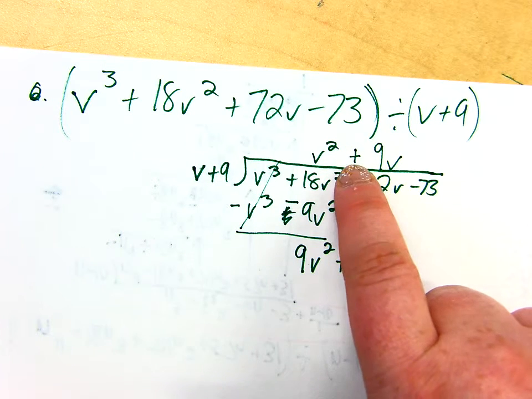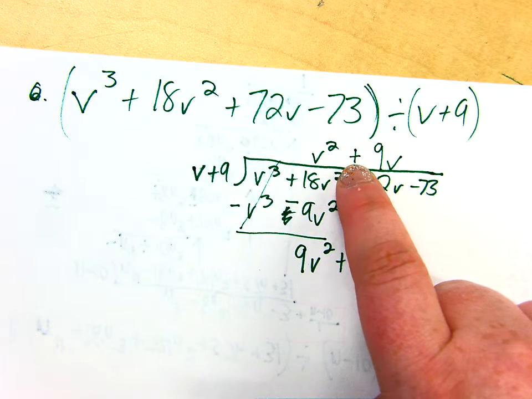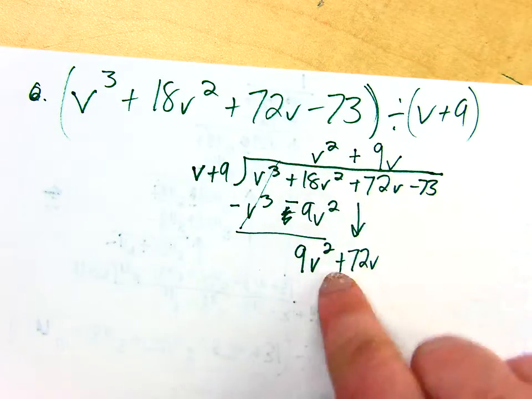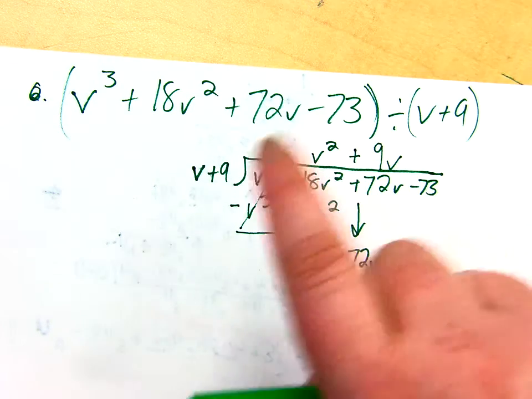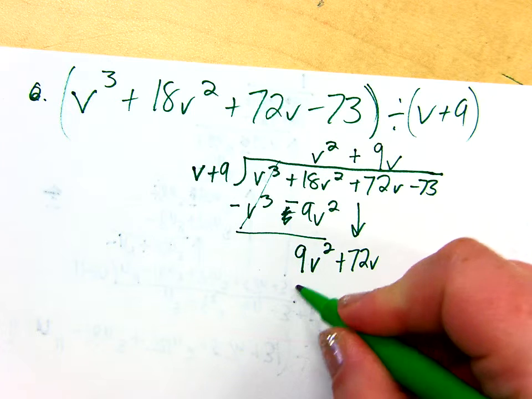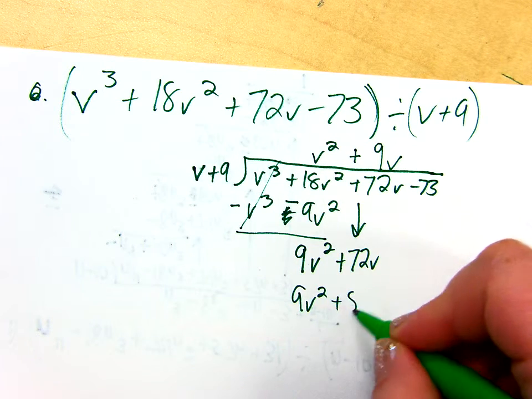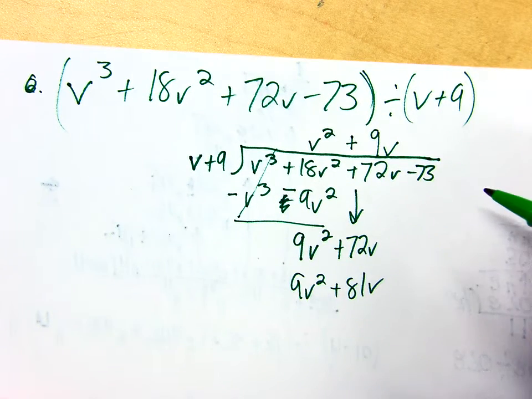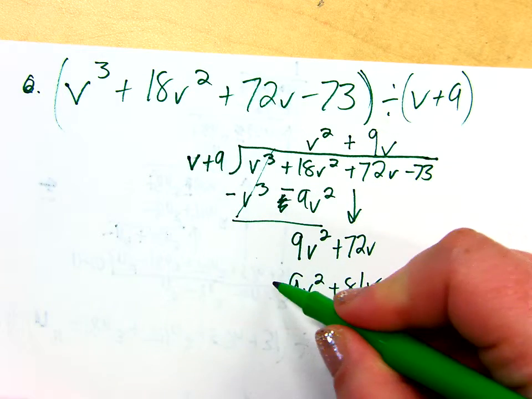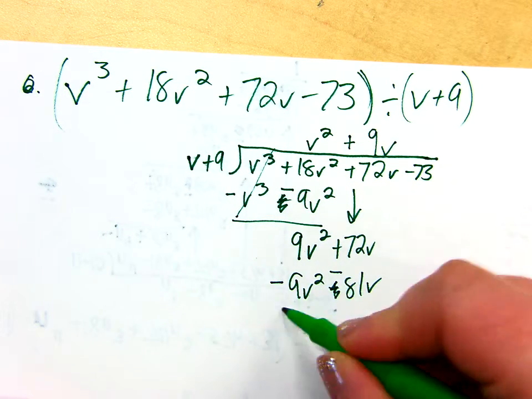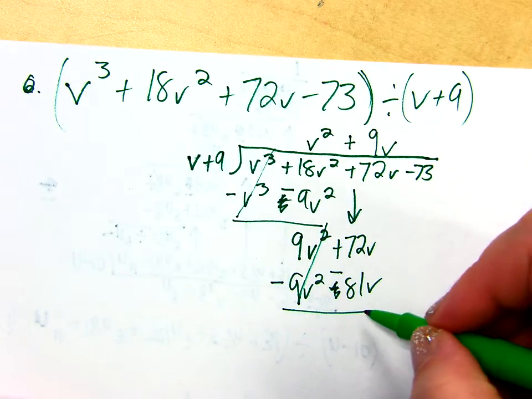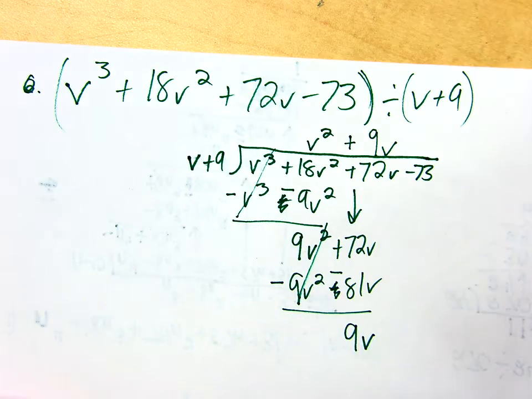Notice I'm also including the sign, positive or negative. So positive. Now I do positive 9b times everything out in front: 9b squared plus 81b. But now I need to subtract them both. So you're a minus, you're gone, and that's 9b.